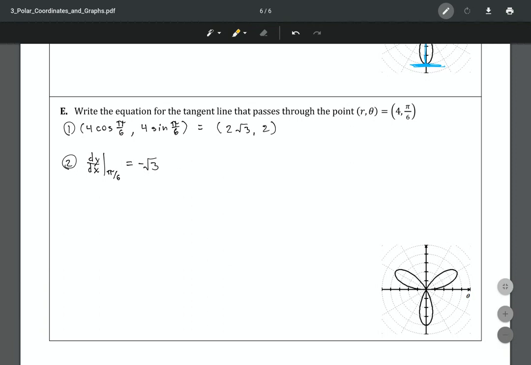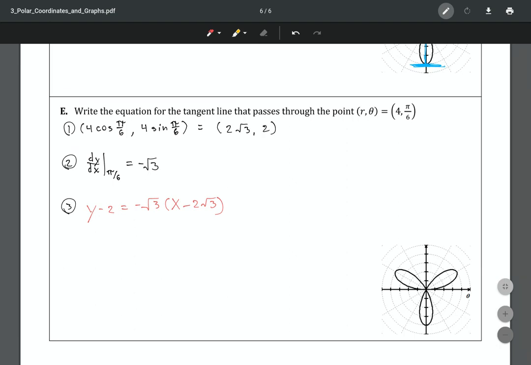And then finally, I just have to write the equation of a tangent line. So I have y minus 2 is equal to, my slope is negative square roots of 3, times x minus 2 square roots of 3. Let me check here. Yep. Okay.